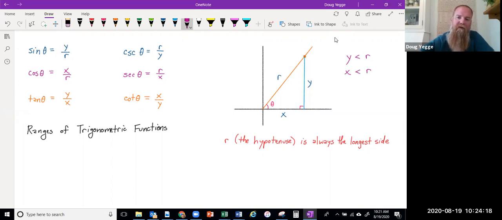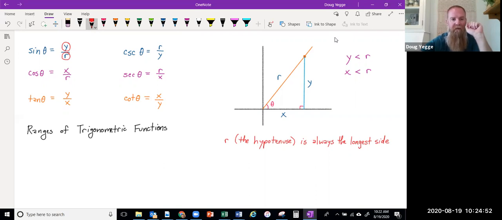Now, depending on what the angle is, sometimes Y would be much shorter than X, and sometimes Y would be much longer than X. So Y could be larger than X, or X could be larger than Y. But one thing that we know with certainty all the time is that Y is less than R. Now that's important because if we take a look back at sine theta, if the numerator is less than the denominator, then this ratio is always less than 1.